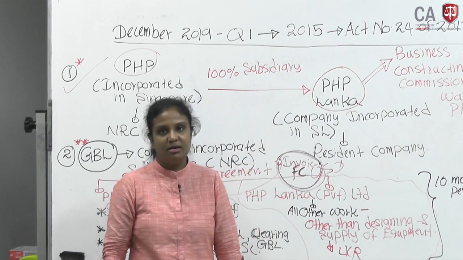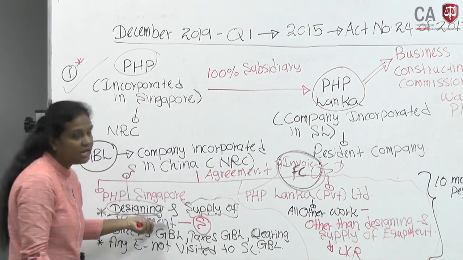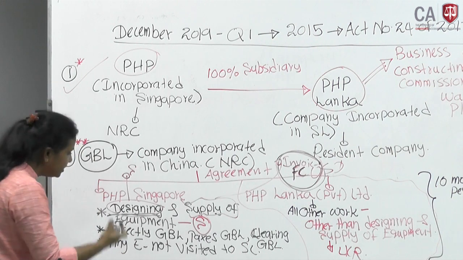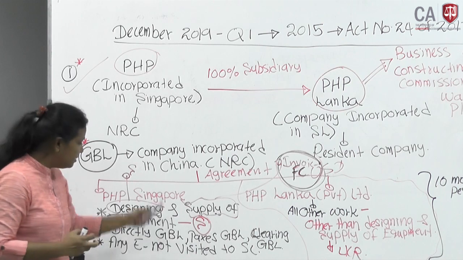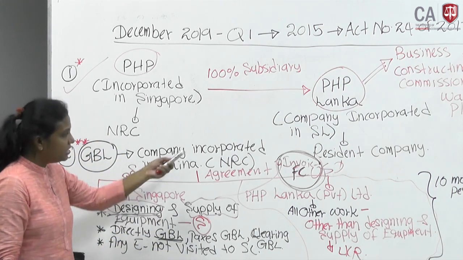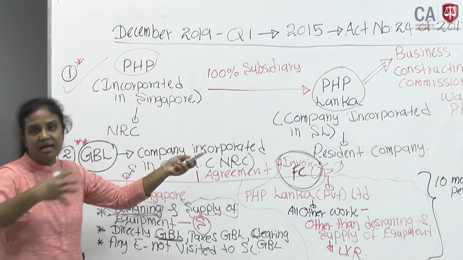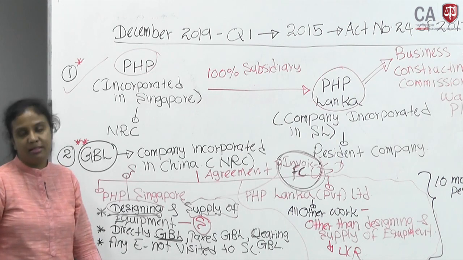And coming to here, after this equipment came into Sri Lanka, who is the consignee? The name of the consignee is directly GBL. PHP Singapore is sending the equipment under the name of GBL.